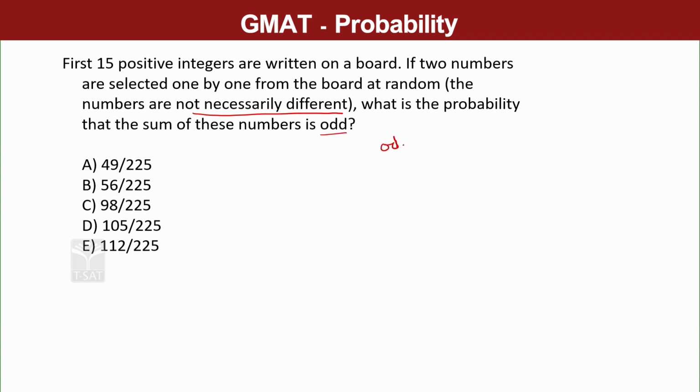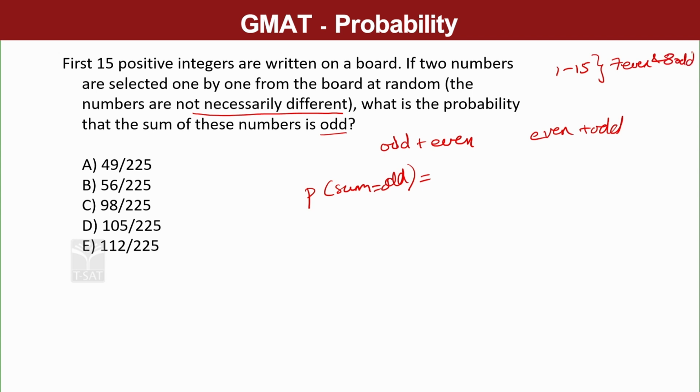When will the sum of two numbers come out odd? When it is odd plus even, odd the first one and the second one is even, or otherwise the first one is even and the second one is odd. So the probability that the sum is odd: when you have 15 numbers, 1 to 15, the first 15 positive integers, you have 7 even and 8 odd numbers.